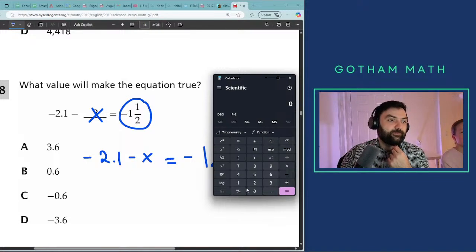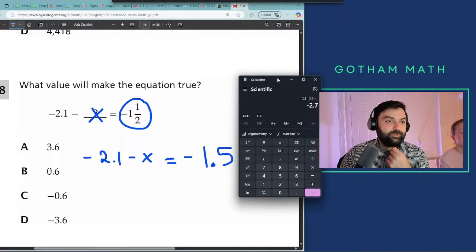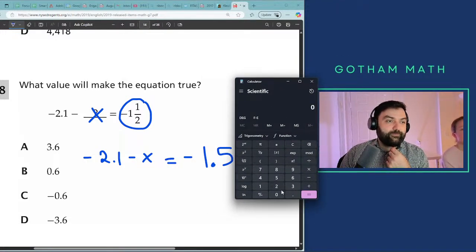But look, 2.1, you make it negative and you do minus 0.6. Is that negative 1.5? It's not. You move on. Negative 2.1 minus 3.6. For some reason I started with B. Hold on. For some reason I didn't make it negative. 2.1, make it negative, and then subtract 3.6. Is it negative 5.7? No. All right.